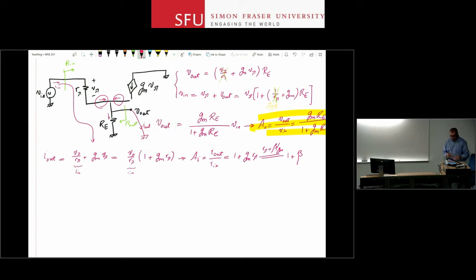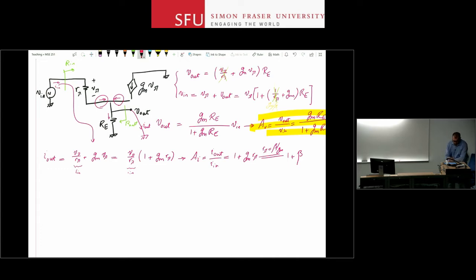If I want to solve this circuit for input resistance, again, I notice that my source V in this case doesn't have an output resistance, and therefore if I remove that and attach a test source in its place, I'm going to have the same circuit. Now also I notice that this is exactly the same as the circuit that I solved for common emitter with emitter degeneration, because in that case I had a resistor past the current source, but that resistor doesn't show up in my equations in the input.